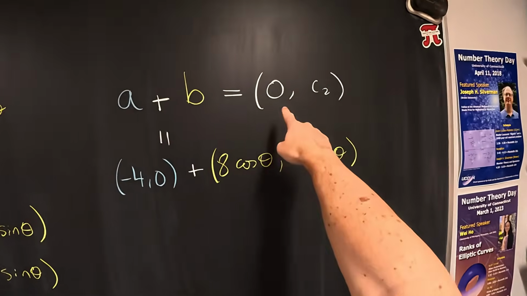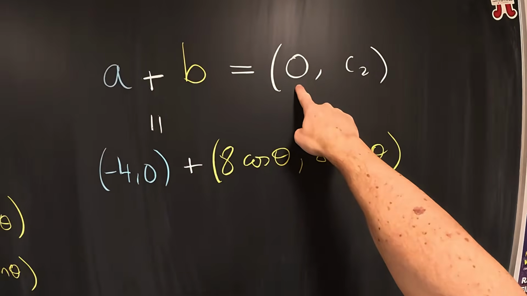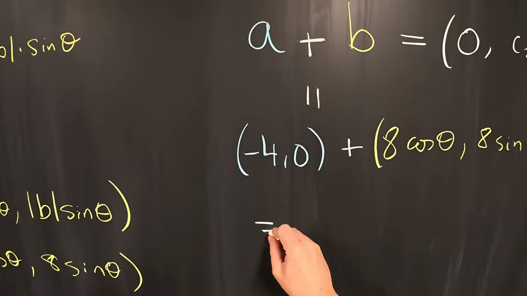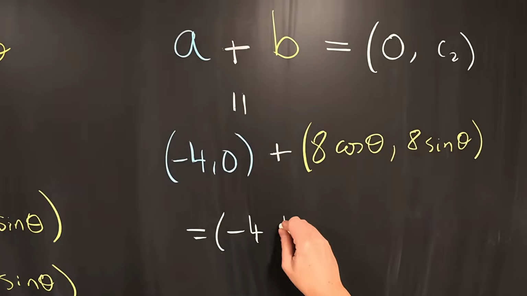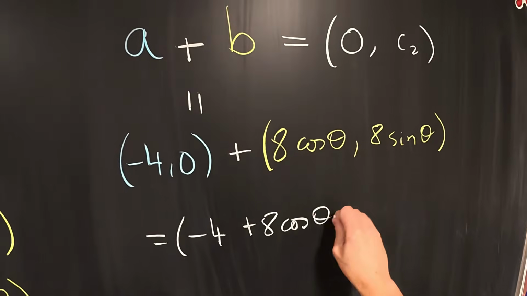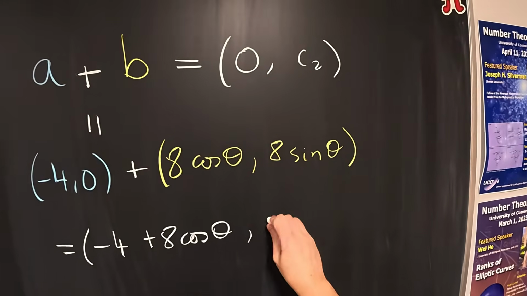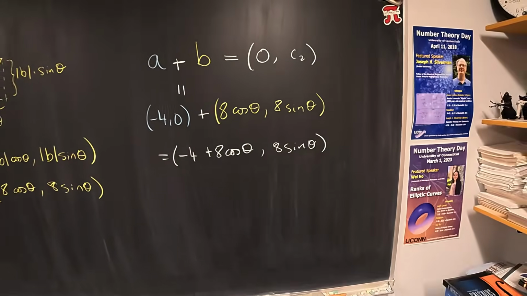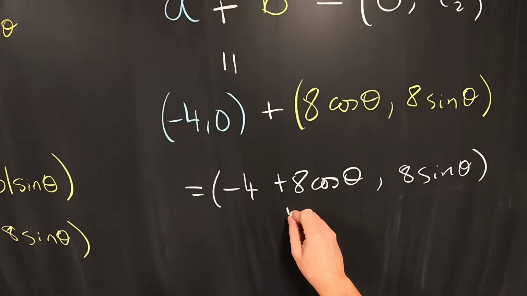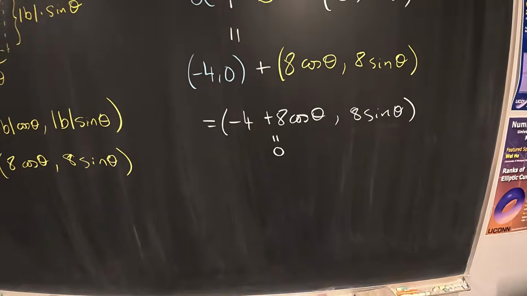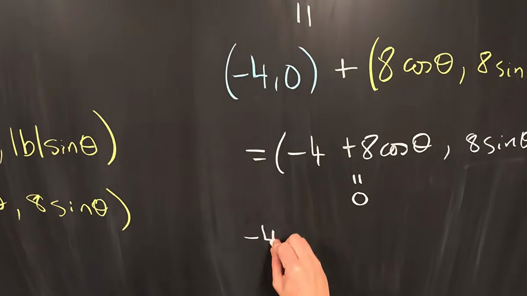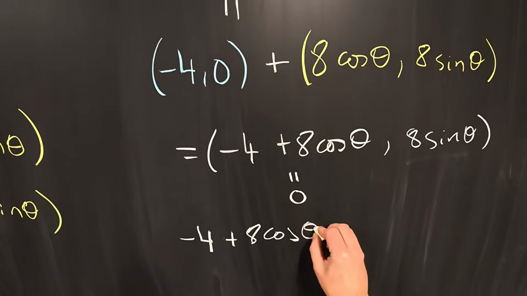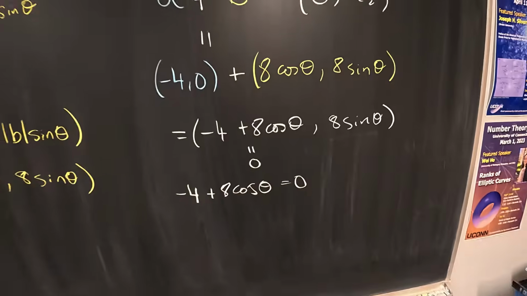So for that to be true, this adds up to the vector minus 4 plus 8 cosine theta, comma 0 plus 8 sine theta. Again, I don't care really about that second coordinate. What I want is the first coordinate to be 0. And that will be 0 when minus 4 plus 8 cosine theta is 0.